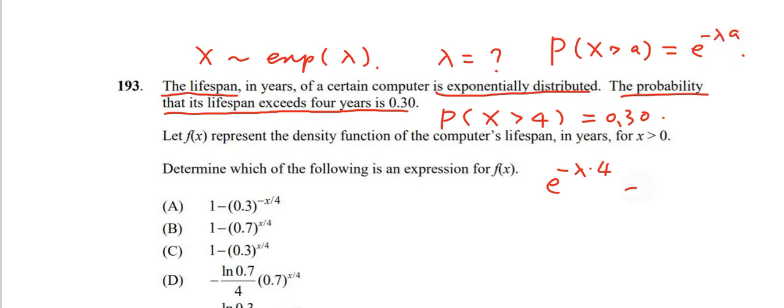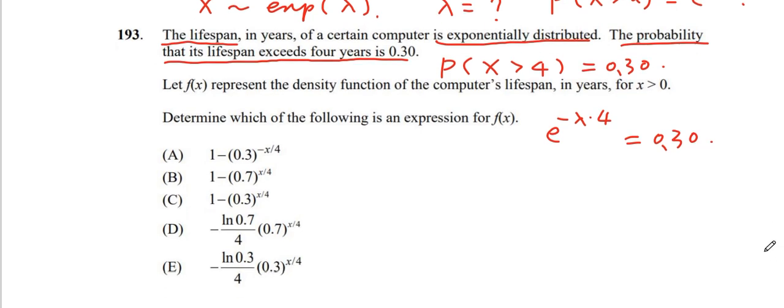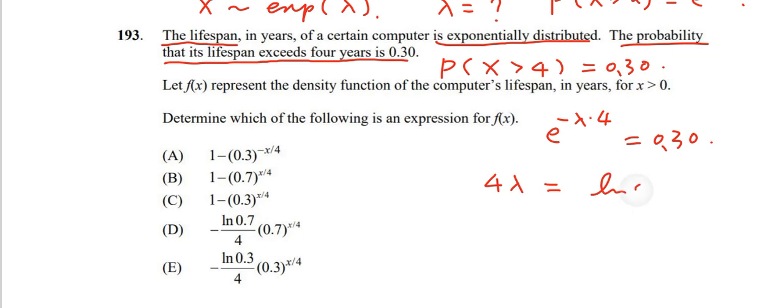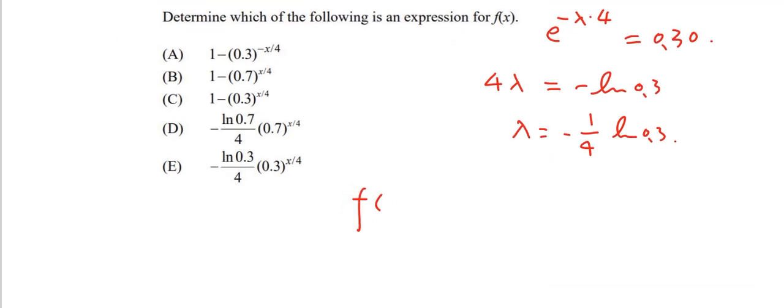So we just need to solve for lambda, and lambda equals negative log 0.3 over 4. The density function is f(x) equals lambda e to the negative lambda x, so we just plug in lambda like this.